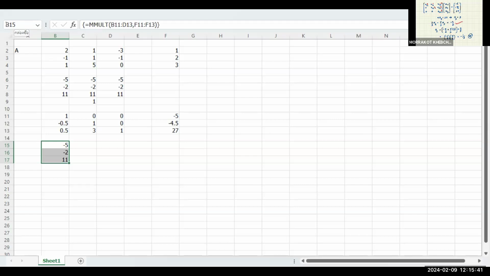Correct. Let's see. Minus 9/2 should be subtracted by, plus 5/2 times x3.